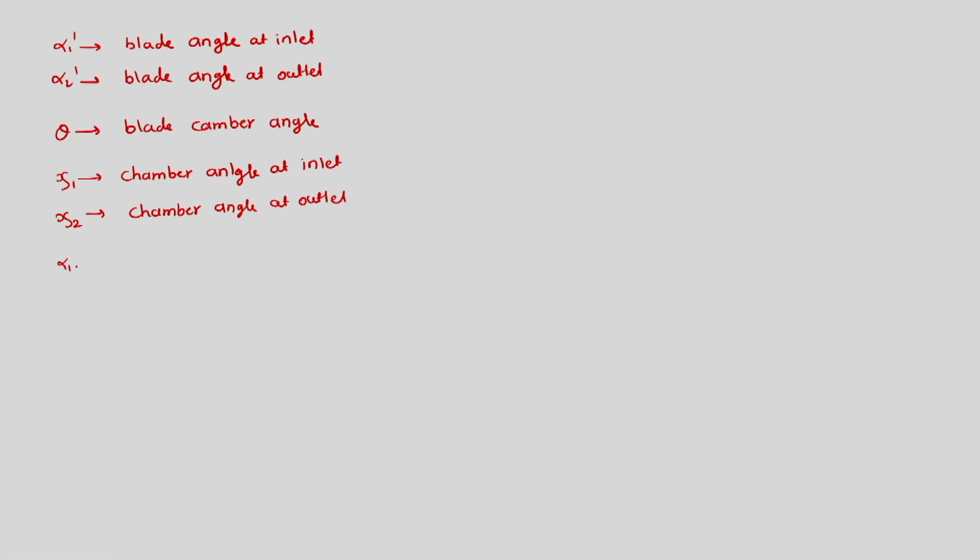Then we have alpha 1 and alpha 2 which are air angles. Alpha 1 is the air angle at inlet, alpha 2 is the air angle at outlet. Then we have gamma, which is the stagger angle.